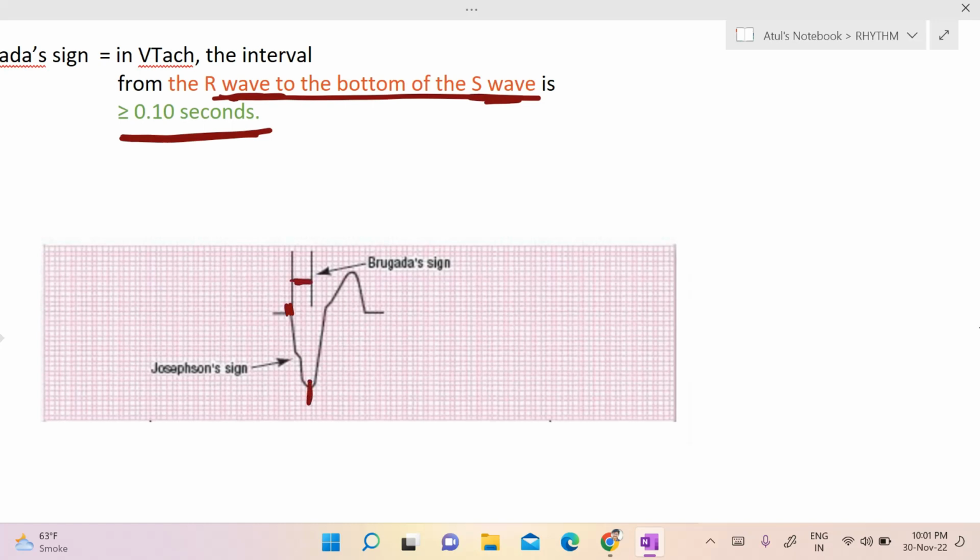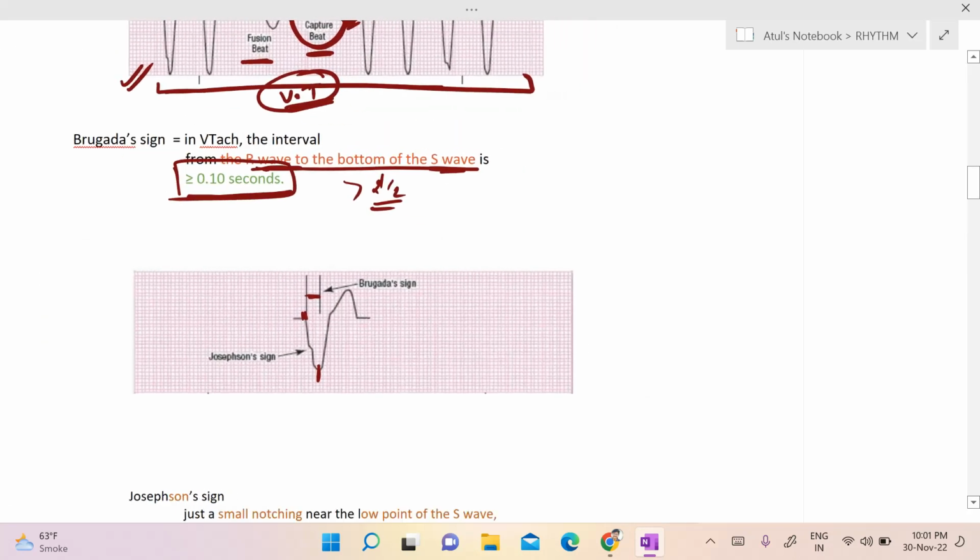This distance is more than 0.10 seconds, or more than 2.5 small squares. So if the Brugada sign is present, it means that the broad complex tachycardia ECG is VT.